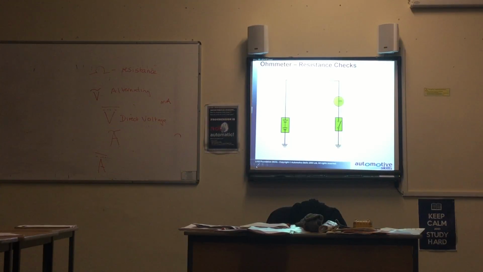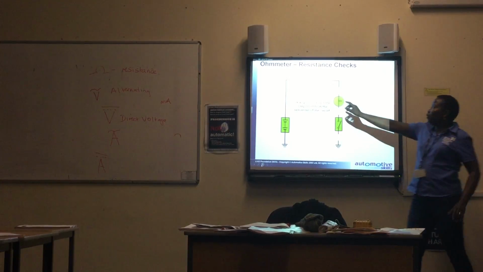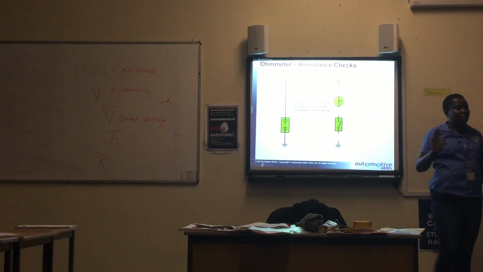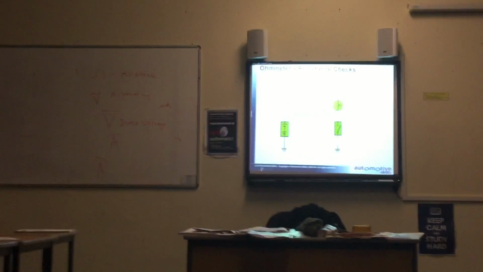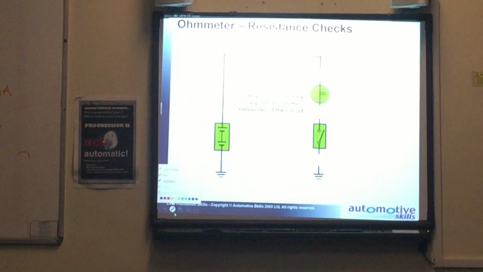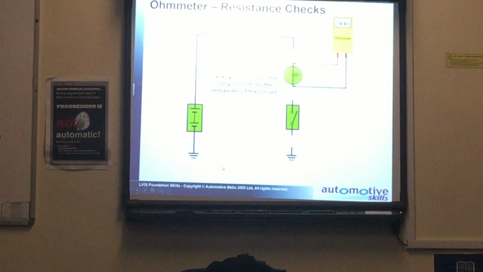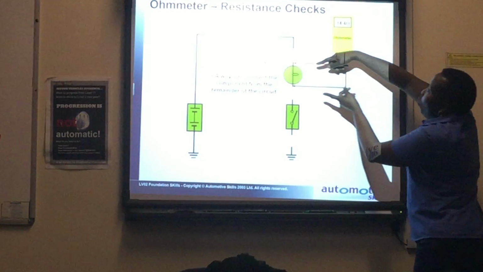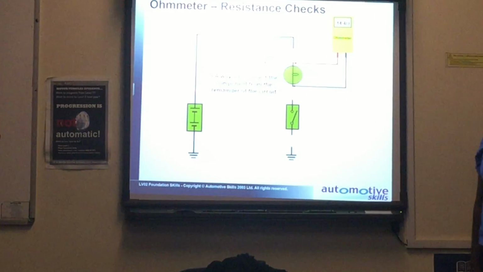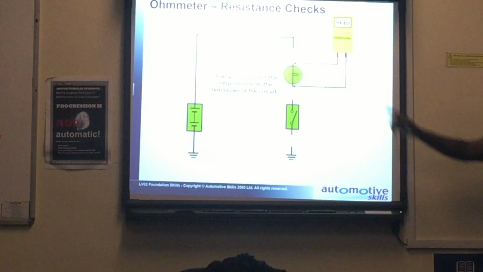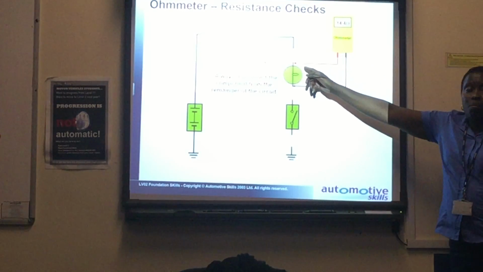Right, so if we would like to measure resistance, always we have to switch off the circuit to disconnect it. Then, to connect the ohmmeter, we can connect it across the bulb. So this always is the positive.